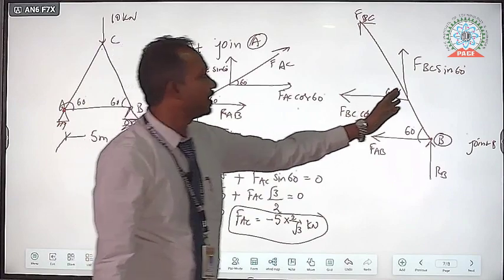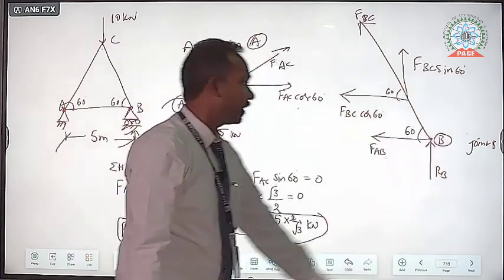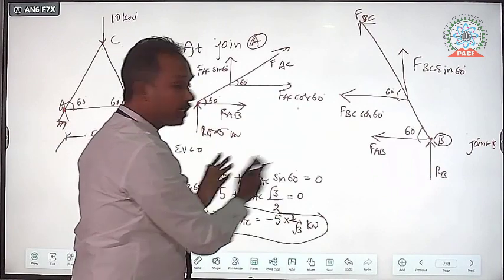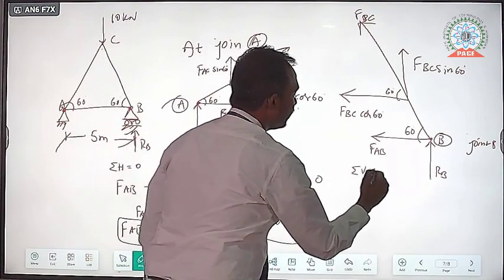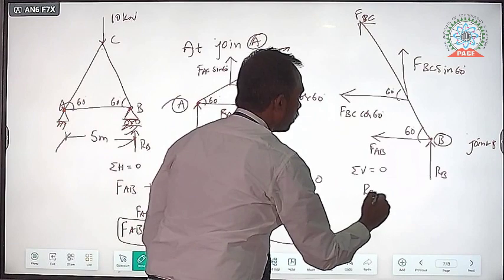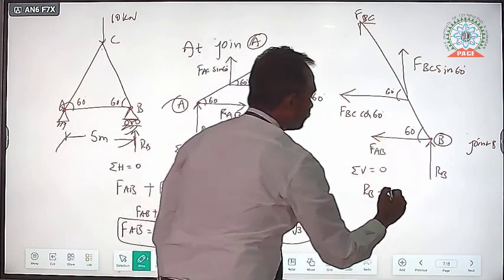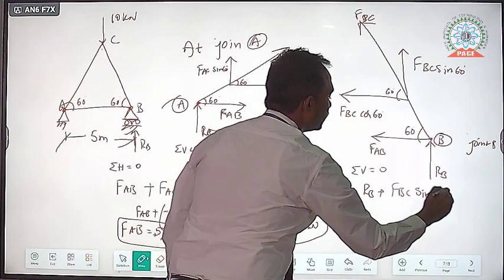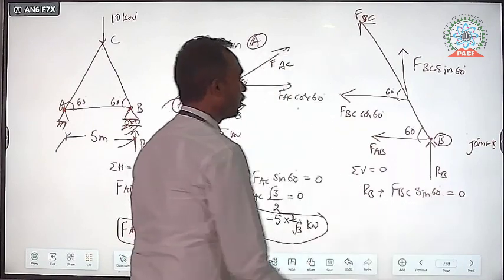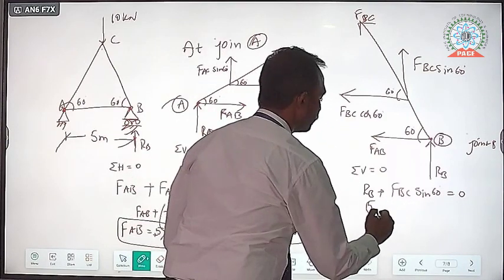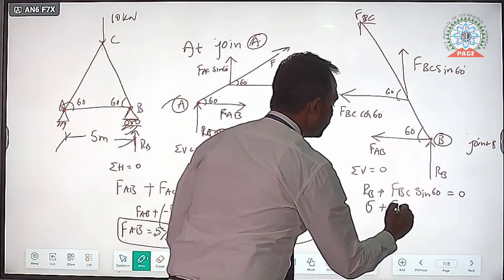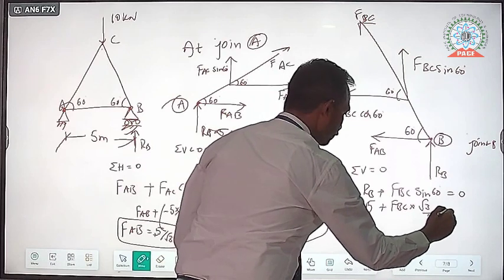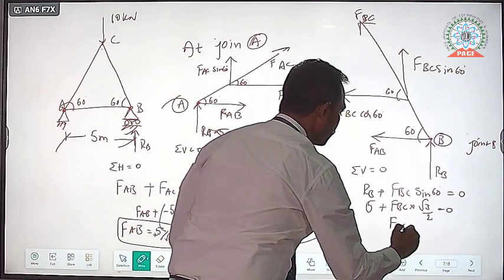So from the equilibrium equation, the same we have done here. Here also the same, that is sigma V is equal to 0, RB plus FBC sin 60 is equal to 0. RB value is 5, FBC we don't know, root 3 by 2. So FBC is equal to minus 5 into 2 by root 3.